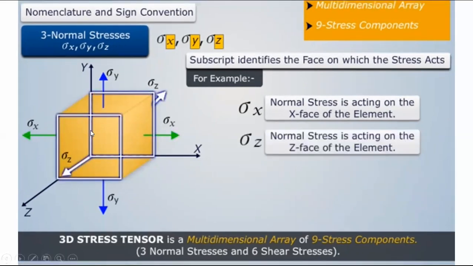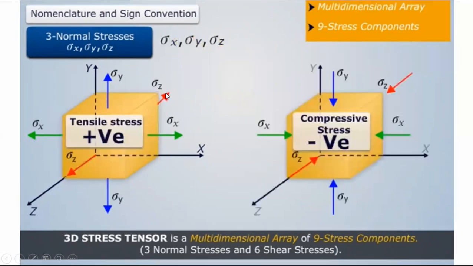Similarly, the normal stresses acting on the z face of the element will be represented as sigma z. Here you can see sigma z, and on this face, the darkened face perpendicular to this will be sigma z.